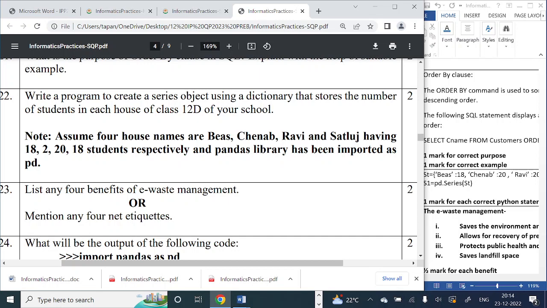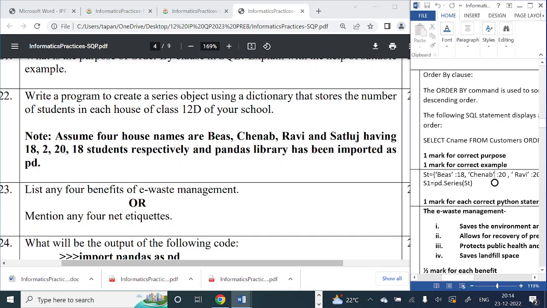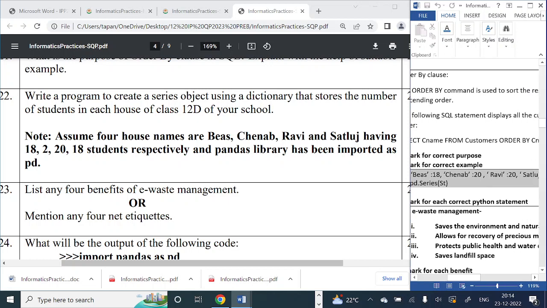One is you can create a dictionary, like here they have created a dictionary ST, in curly braces, BS colon. Now the string will be in single quotes or double quotes, and the numeric value will be without any quotes.